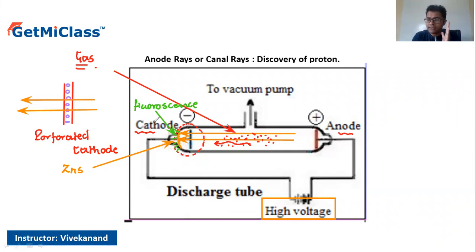But the cathode is perforated, there are holes in it, so they passed through the cathode and struck the wall coated with zinc sulfide. When they struck that wall, a green color glow was observed. So this was all about the anode rays. As they pass through those holes, we also call them canal rays.